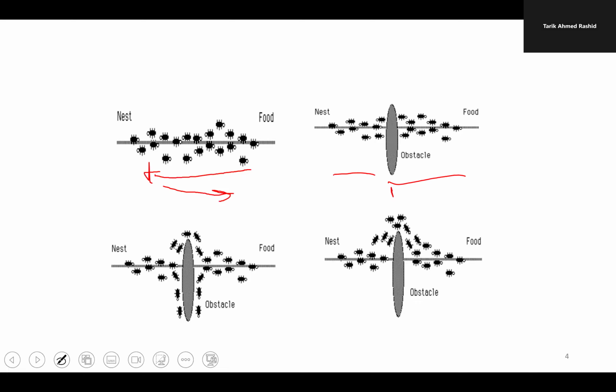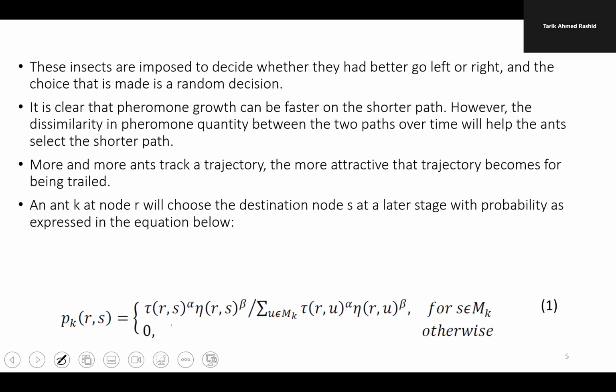In this diagram, they can take this path, or this path, or maybe this path. You can see the longer path and the shorter path. That can be decided by the pheromones of the ants.